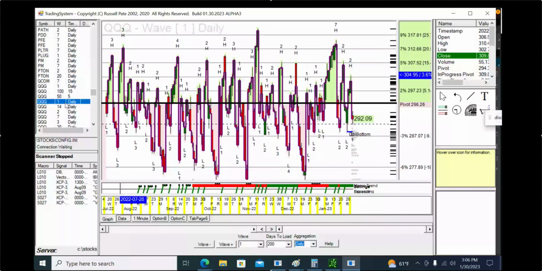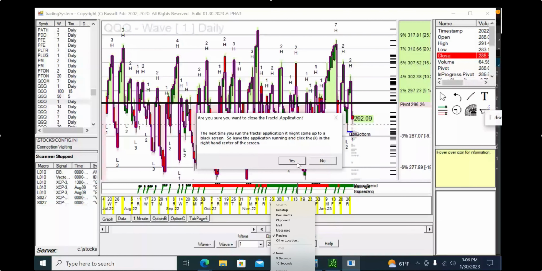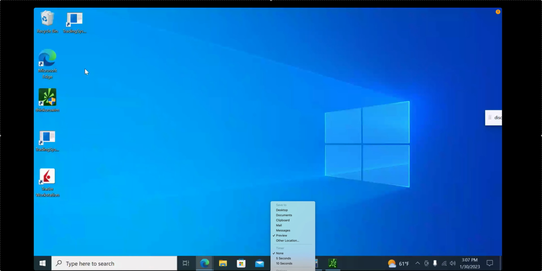So let me reopen this. I want to make sure we get the right data, because I need to make sure I've got today's price action.